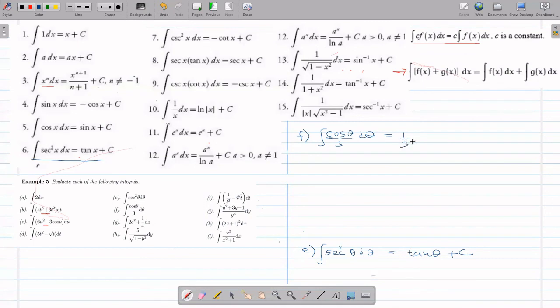So I can pull out the constant. So here I get 1 over 3 cos theta d theta. Now for this cos theta d theta, the function is sine, no? So I can say 1 over 3 sine theta plus c.